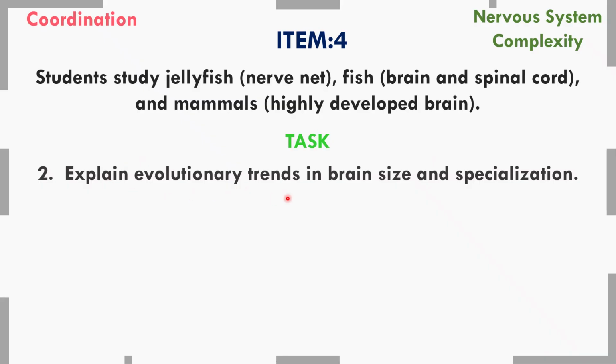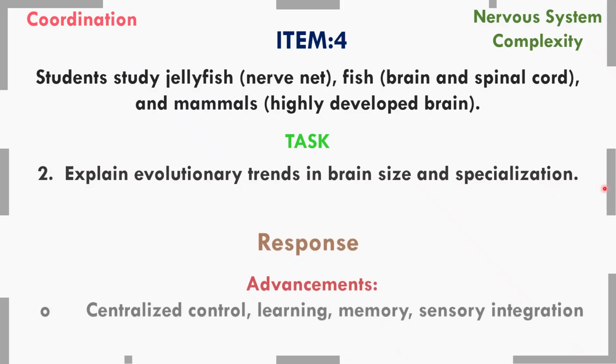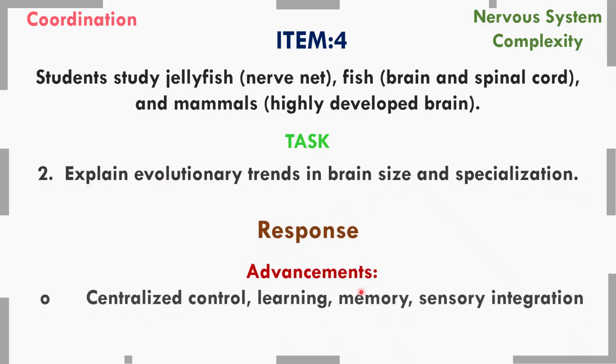Explain evolutionary trends in brain size and specialization. Advancement: centralized control, learning, memory, and sensory integration.